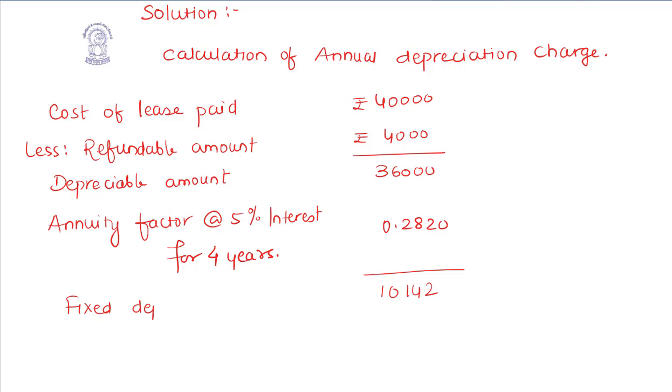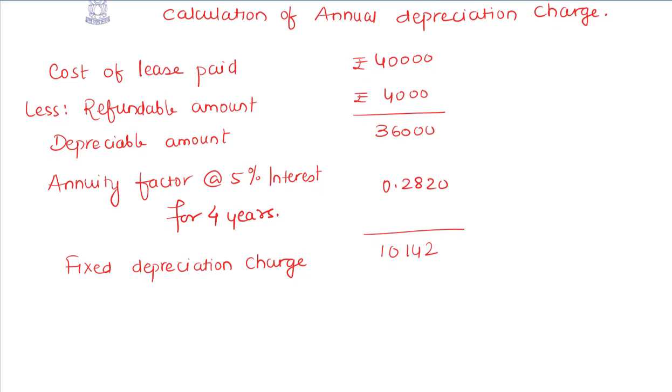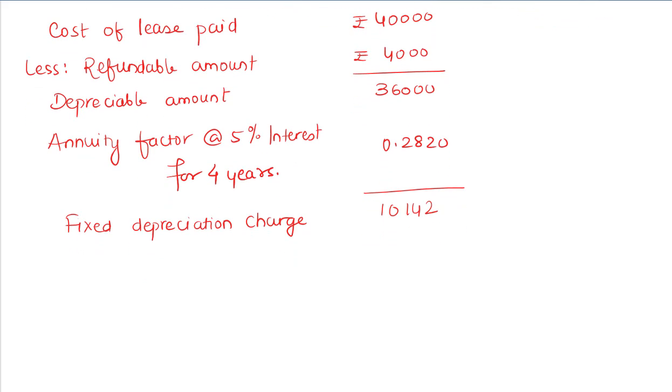This is the fixed depreciation charge, 10,142. Now interest is also charged at the rate 5%. So interest on salvage at the rate 5% on rupees 2,000 for a year.